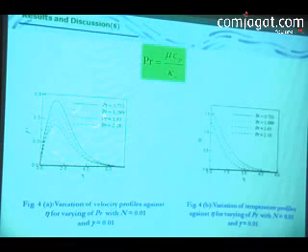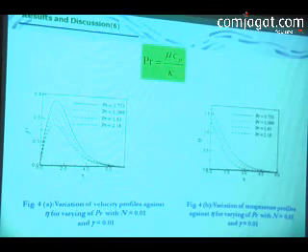This is the velocity against eta for the Prandtl number. Here the Prandtl number is the ratio of the kinematic viscosity and thermal diffusivity. The Prandtl number is proportional to the viscosity.